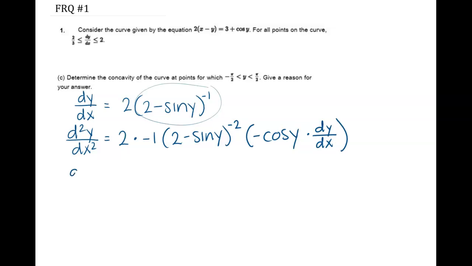Okay, let's rewrite. It looks pretty ugly, but we'll end up with something okay in the end.